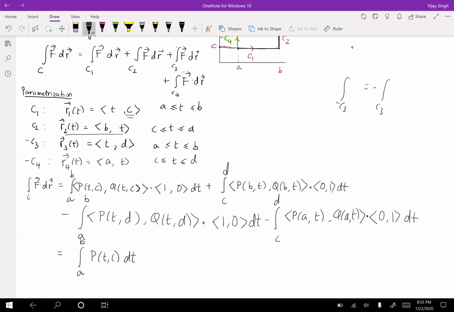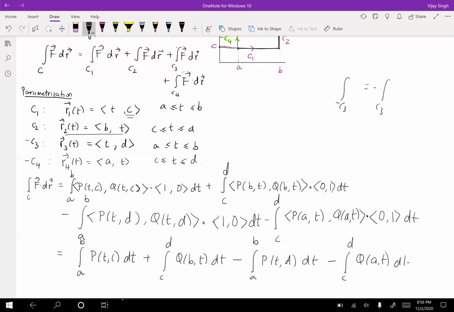So P(T,C) dt, plus the integral from C to D, Q will survive, so Q(B,T) dt, minus the integral from A to B, here P(T,D) will survive dt, minus the integral from C to D, Q(A,T) dt survives.